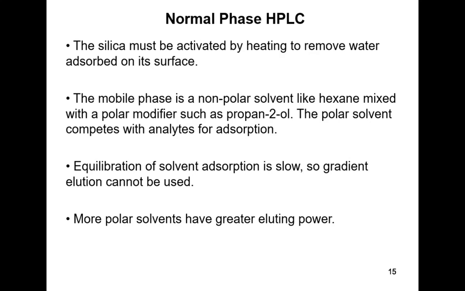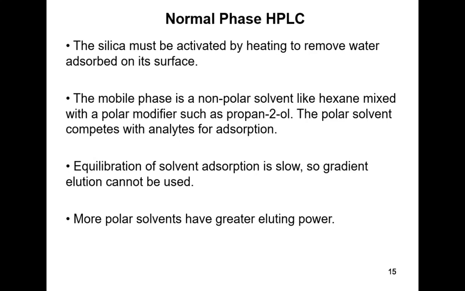So it's a relatively simple concept, and I'm not going to get into the quantitative modelling about exactly how this happens. But just some practical aspects. When the silica is manufactured, it comes out of an aqueous solution, and it is going to have a layer of water molecules bound to the surface by hydrogen bonds.